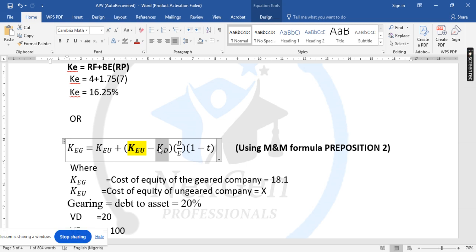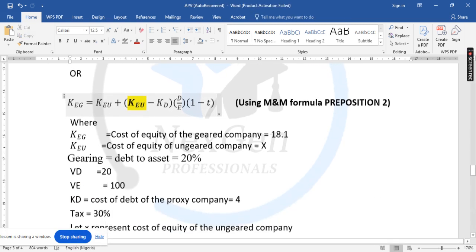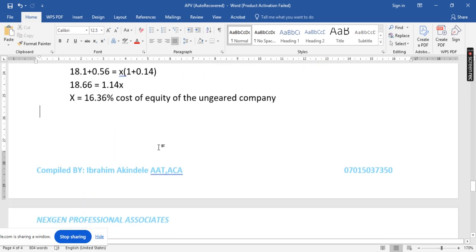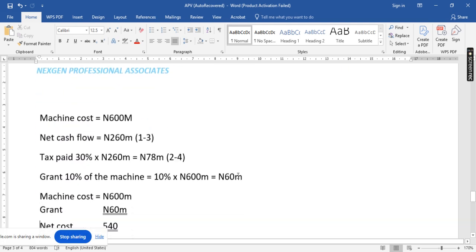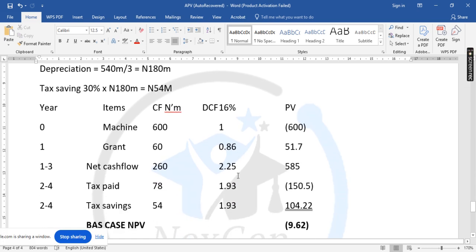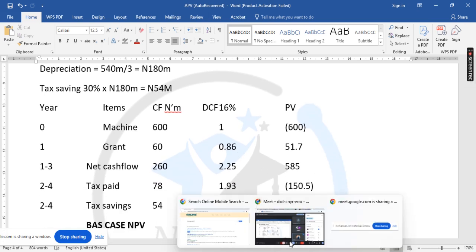Please take note of that. Then we use it to determine the cost of equity of the ungeared company, which will arrive at the same answer. We proceed to calculate the base case NPV using the relevant cash flow.